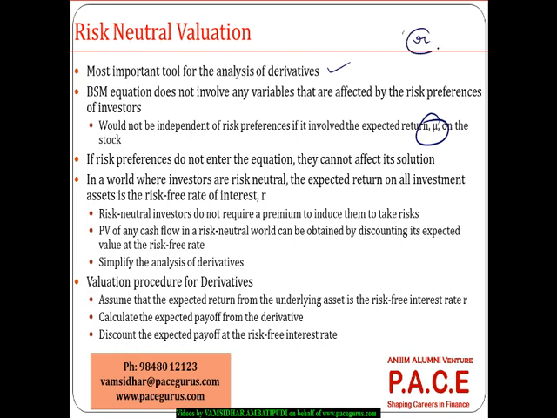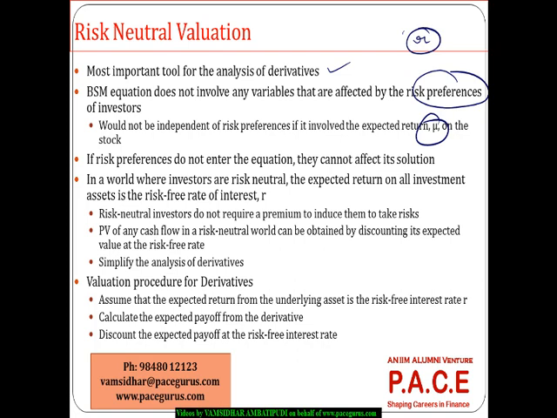Everything is talking about r, which is nothing but the risk-free rate of return. So the BSM equation that we have got has no variable that is affecting the risk preferences of the investors. No component of the expected return. No component of the risk involved in the security, but the specific risk preferences of the investor, where the expected return mu is going to come into the picture.